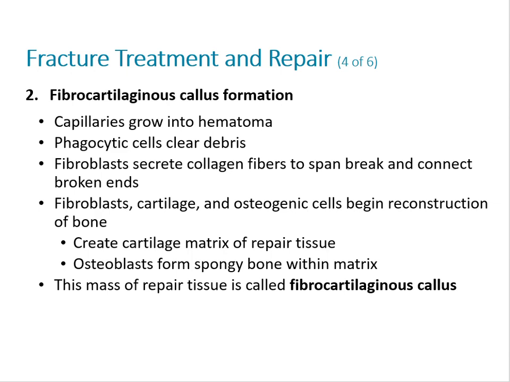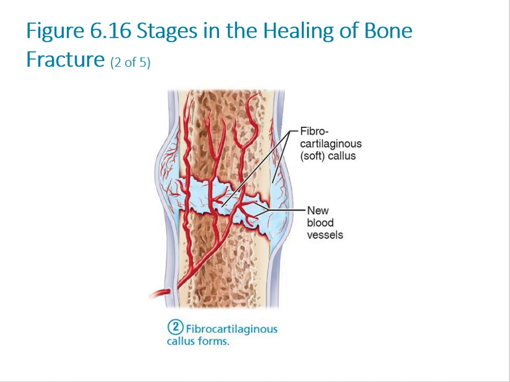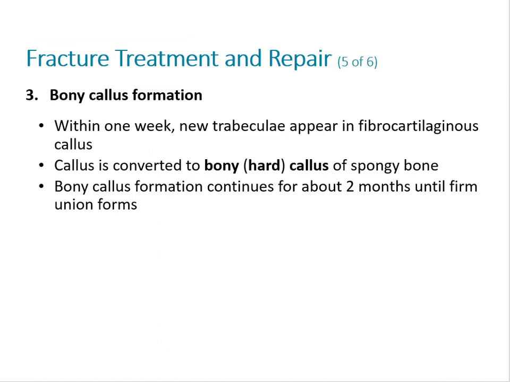We first create a cartilage matrix of repair tissue called a fibrocartilaginous callus, and then later osteoblasts will form spongy bone within the matrix. The initial soft callus is the fibrocartilaginous callus, again created by those fibroblasts that arrive. Blood vessels also start to repair themselves, and within 1 week, we generally start to see a bony callus form.